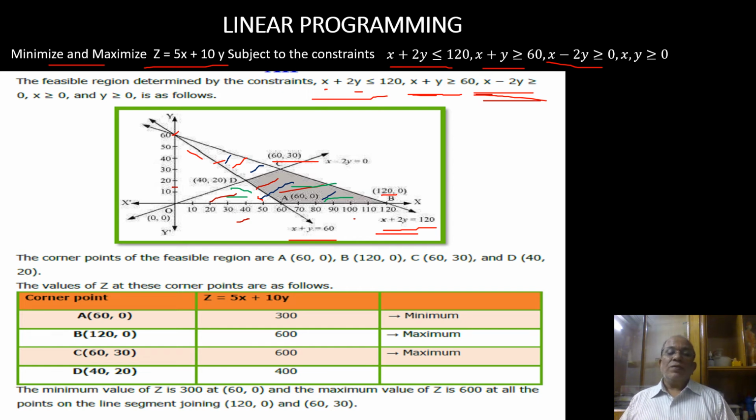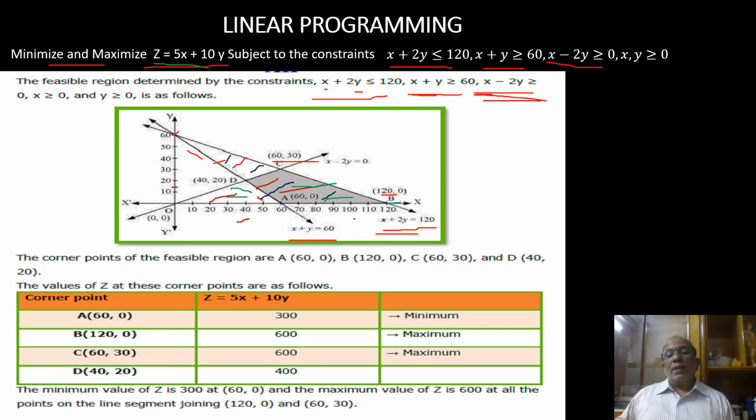Now what we have to do? We have to find the minimum and maximum value of Z, that means 5x plus 10y, at each corner point of this feasible region. The first point is 60, 0, that is A. The other point is 120, 0, that is B. Then the point C, 60, 30, and the point D, where they are intersecting, that is 40, 20.